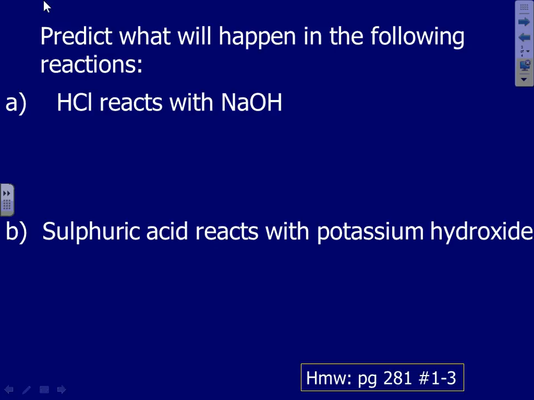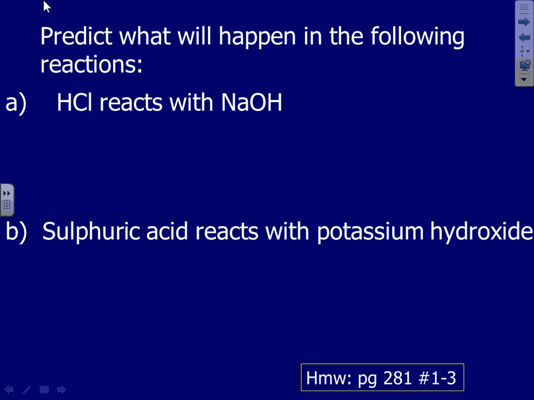Okay, let's do a couple of examples here. Actually, that first reaction right there is what I did here. I put HCl with sodium hydroxide. So, what are the products in here? Not including the green, which is the bromethymol blue.